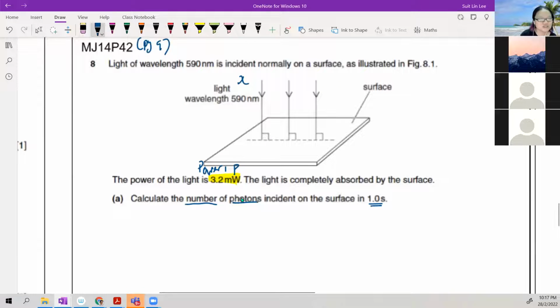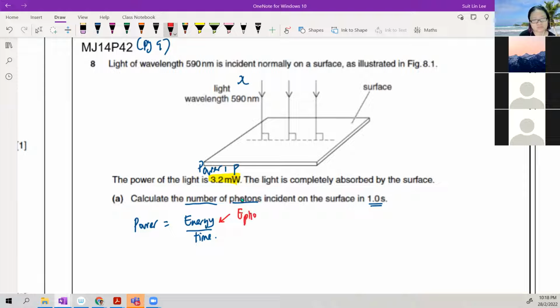Power. So if I think about power, power is energy over time, right? And the time is 1 second anyway. So I guess this energy is the energy of photon. And this t here is 1 second.